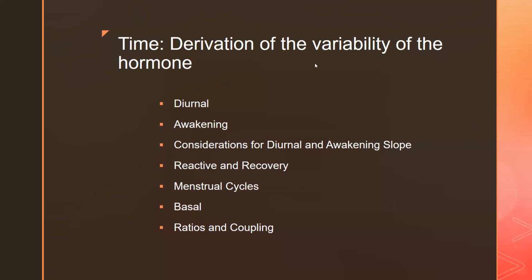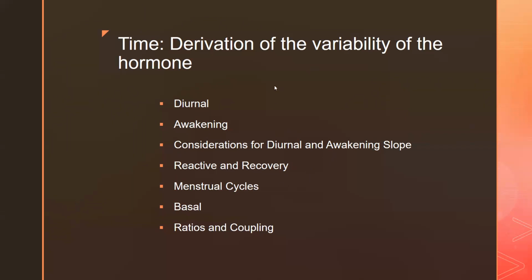So time, what are we looking at, and what hormones are best for what we're looking at? How do we capture diurnal awakening, considerations for diurnal awakening slope? How many biospecimens and samples do we need to collect the diurnal rhythm? How many do we need to really look at reactivity and recovery?